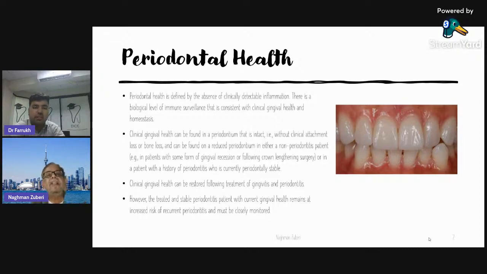Well, clinical gingival health can be restored following the treatment of gingivitis as well as periodontitis.